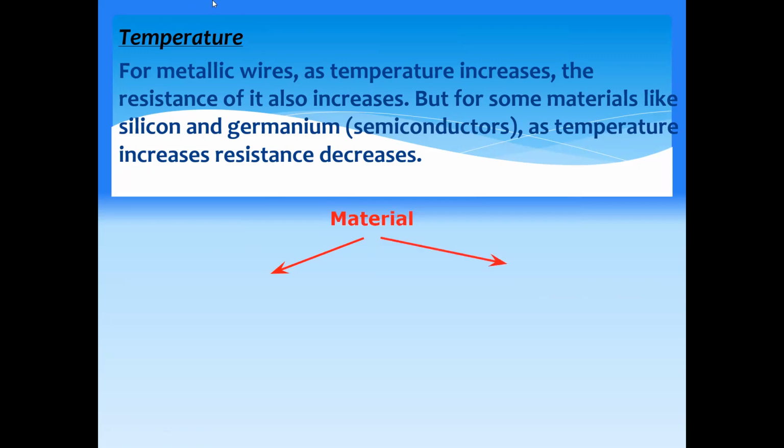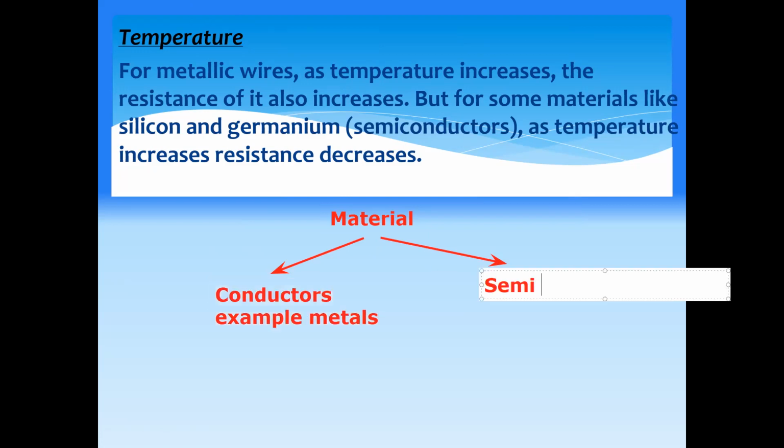One is the conductors, such as metals, and the other one is semiconductors, such as LDR, thermistors, diode.